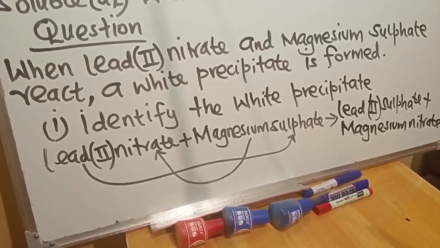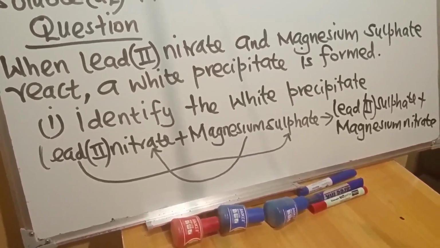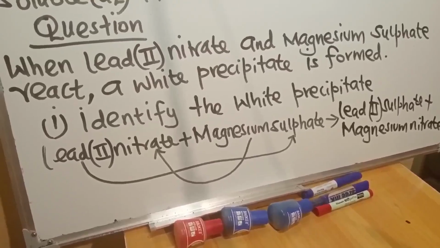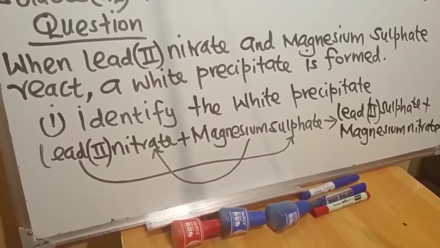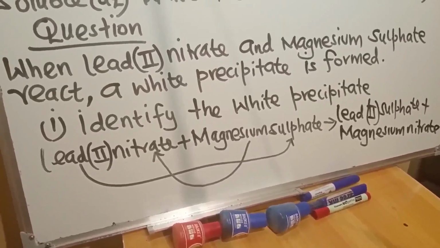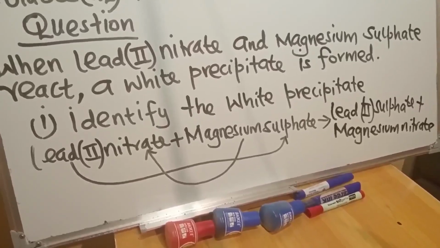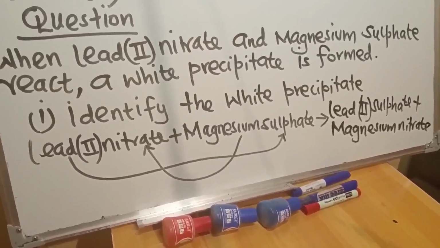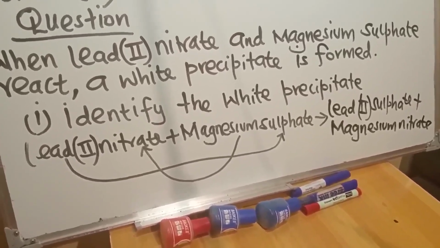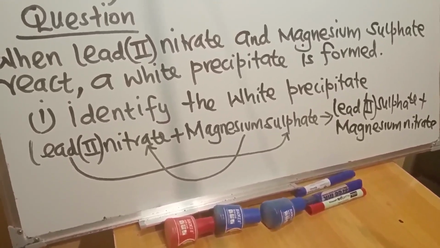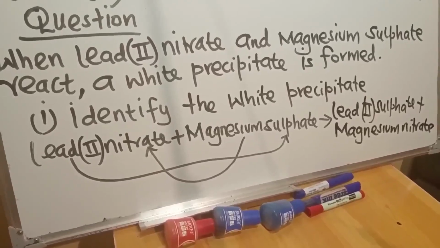So about the nitrate, we say that all nitrates are soluble. All nitrates, all of them are soluble. So meaning, now that we have magnesium nitrate in our case, magnesium nitrate is the soluble salt. It is the one that will be in the aqueous state.